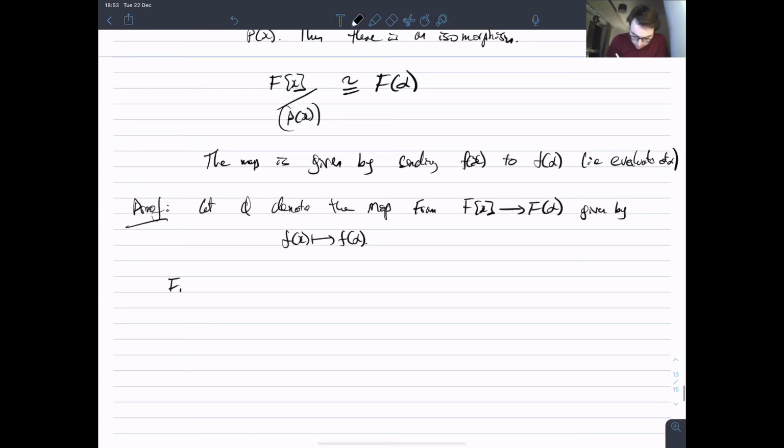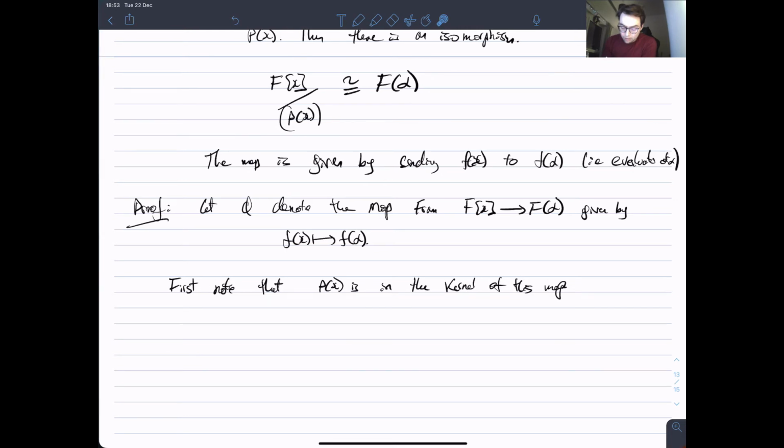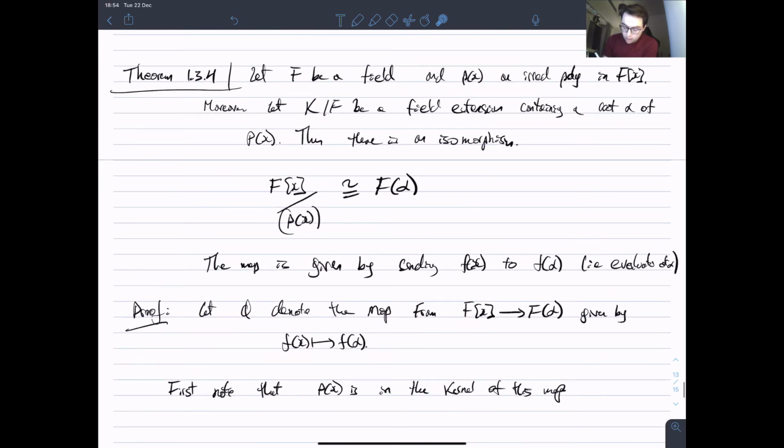First thing to note is that P(X) is in the kernel of this map. Why is that the case? Well, if I take P(X) and I evaluate at alpha, I get 0 because by construction, alpha is a root of P(X). So P(alpha) is 0.